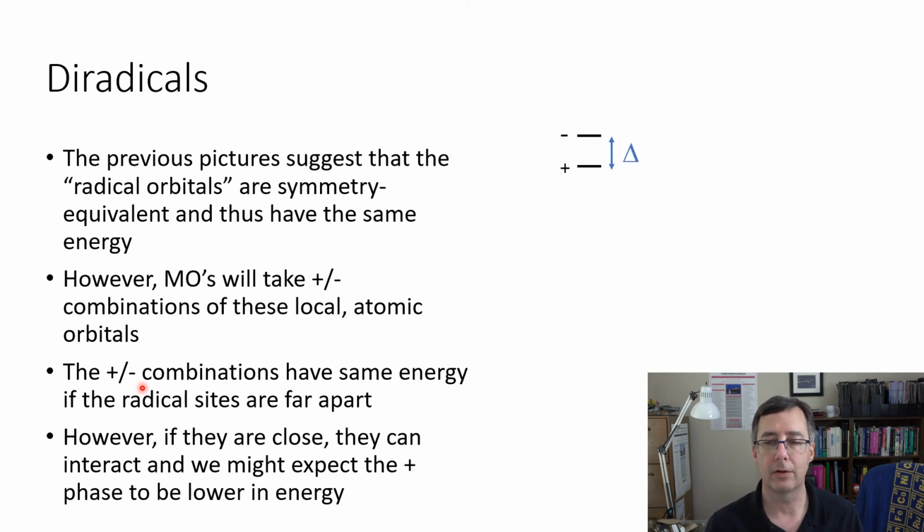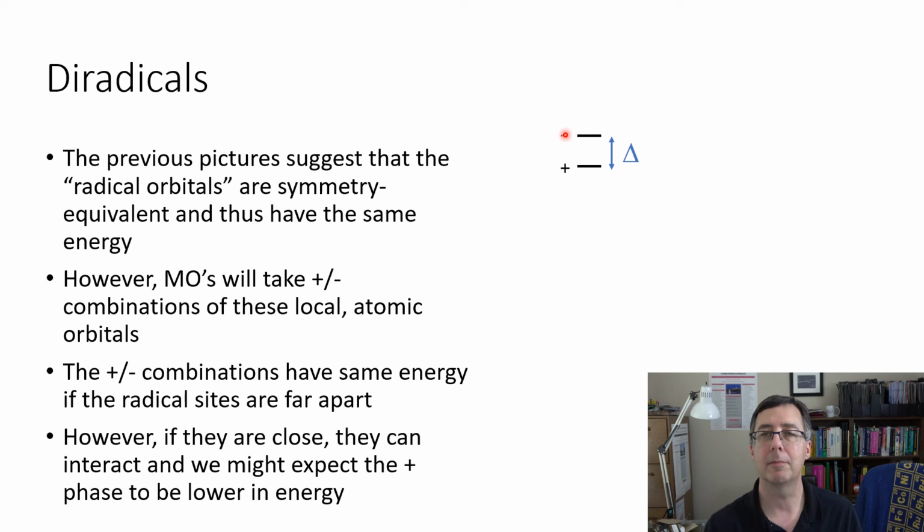I could just draw a little diagram of this. The plus combination of the two radical orbitals gives me a molecular orbital which has a partial bonding character. There's not a bond, obviously, because I've drawn unpaired electrons, so they're not paired. Nevertheless, you could think of it as having a favorable in-phase combination with some weakly, partially bonding character.